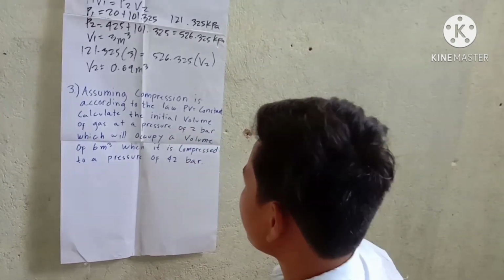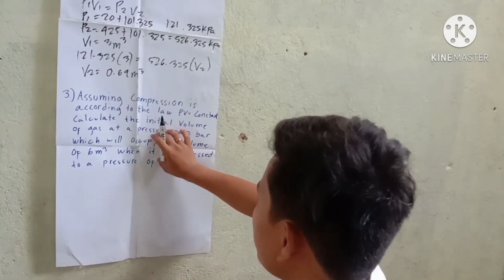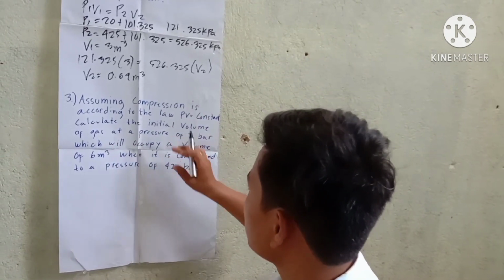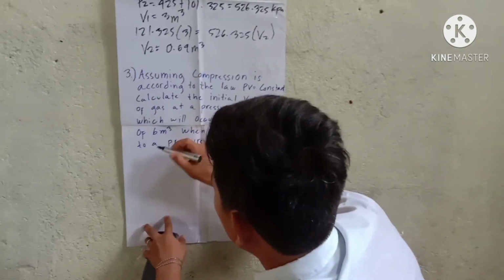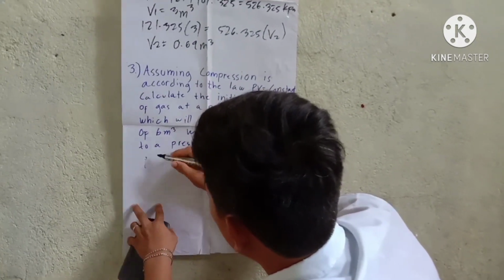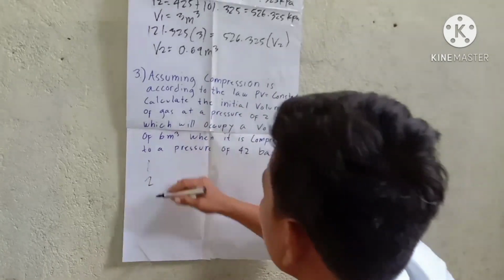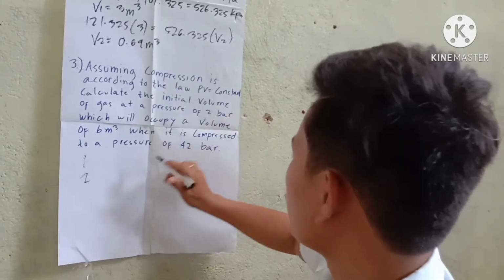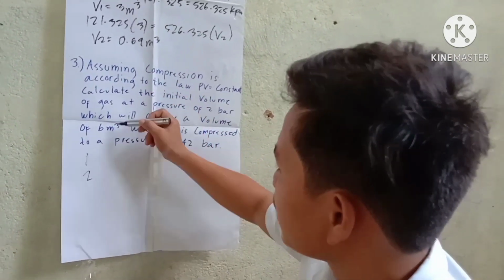Since P1 is given, and P2 and V2, we need to find the initial volume. So P1 is 2, P2 is 42 bar and V2 is 6 meter cube.